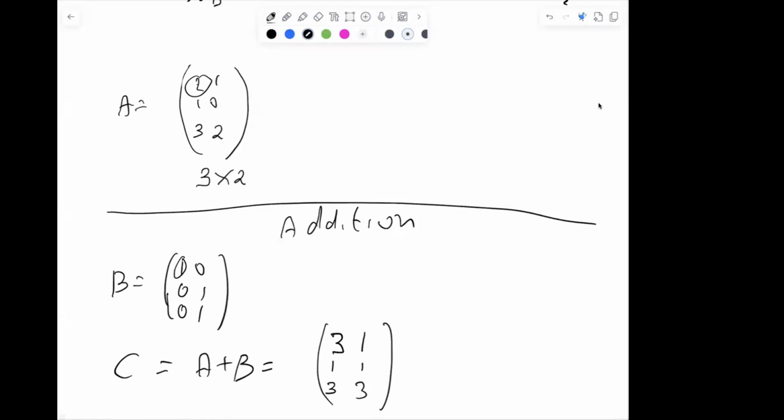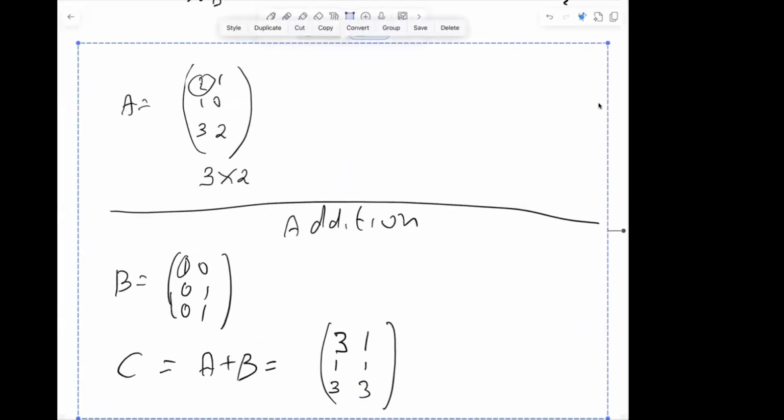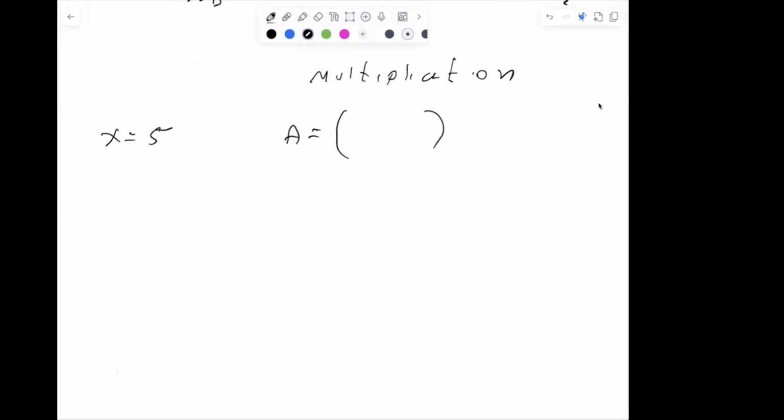Another easy one is multiplying a matrix by a scalar. That's very simple. Let's say we have a scalar, let's call it x, which is equal to 5, and a matrix A, which is equal to 1, 2, 0, 1.